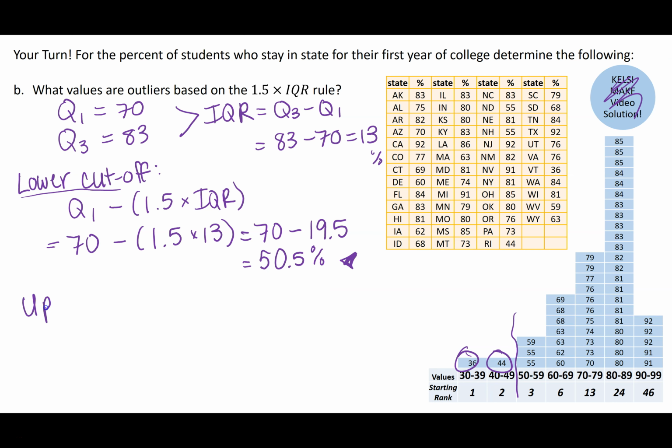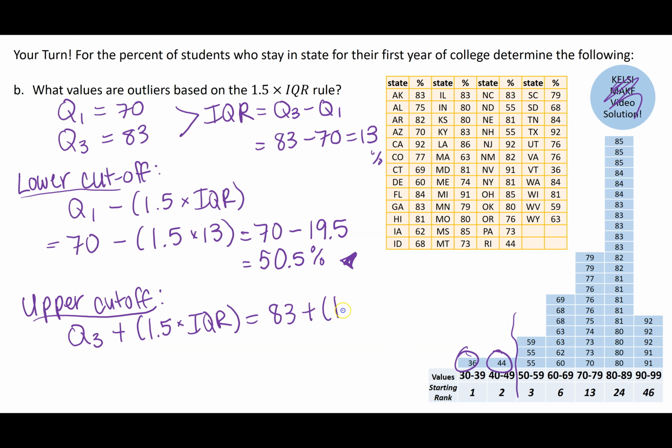So then my upper cutoff is going to be Q3 plus 1.5 times IQR. We're just going to take that 83, and this time we're going to add that 19.5. You can tell right off the bat, that's going to go over 100. We're going to get 102.5.